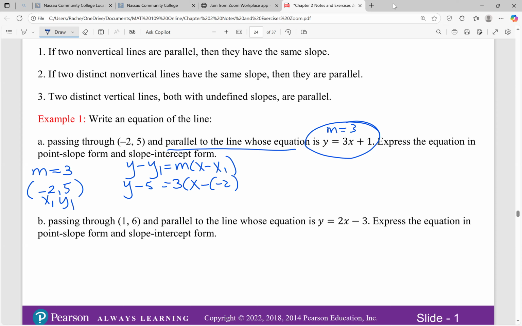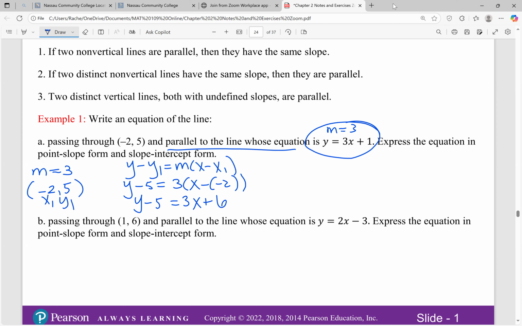So we're going to have y minus 5 is equal to, let's distribute the 3, so 3x. And this minus a -2 is positive, x plus 2, and 3 times 2 is 6, so that's going to be plus 6.